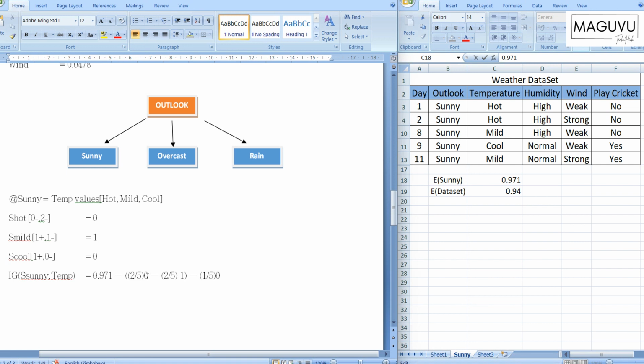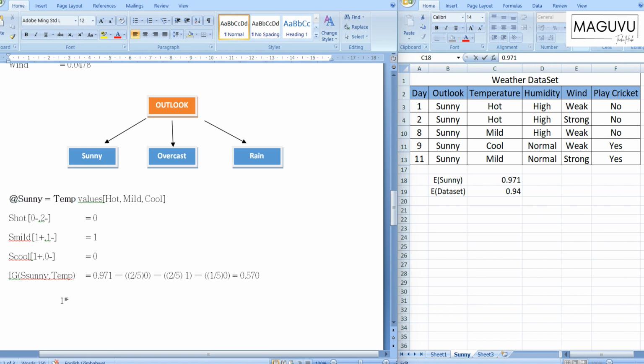So this should give us a value of 0.570. So that's our information gain while it's at sun and we are looking at temperature.